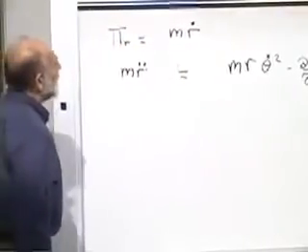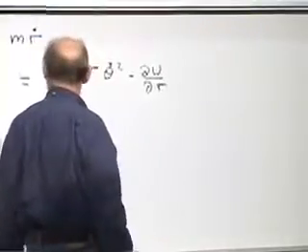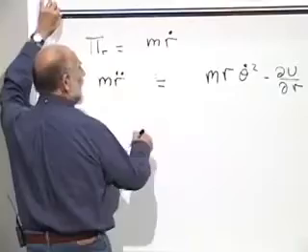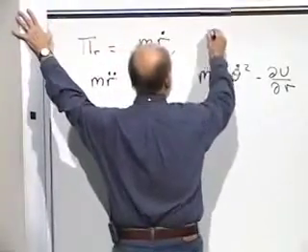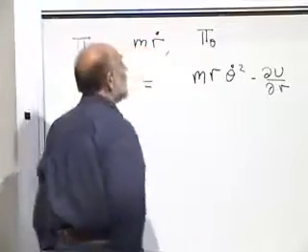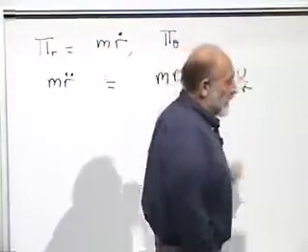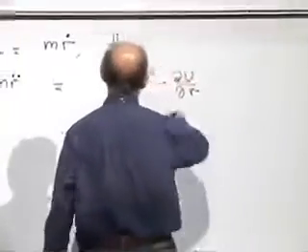Okay, as Michael said, let's write down now the equation for theta. Let's figure out what pi sub theta is. Pi sub theta is the derivative of the Lagrangian with respect to theta dot. Notice theta dot squared appears, so we have to differentiate theta dot squared.